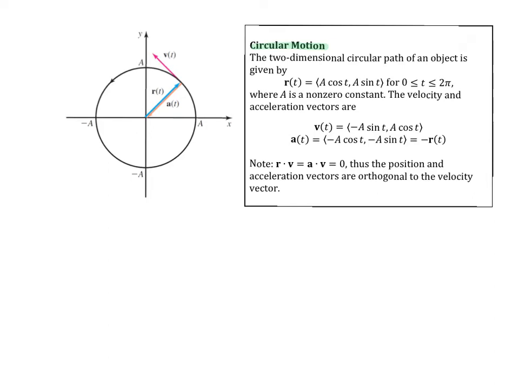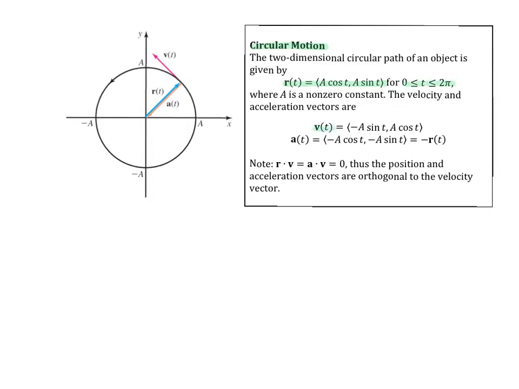So 2-dimensional circular path of any object, and here we're assuming that the circular path has a center at the origin. So we can write it as the 2-dimensional vector A cosine t, A sine t, where A is just some constant, and that would be similar to a radius value, but we don't want to use r because that's what we've named our function. So you get the whole path if you go from 0 to 2 pi.